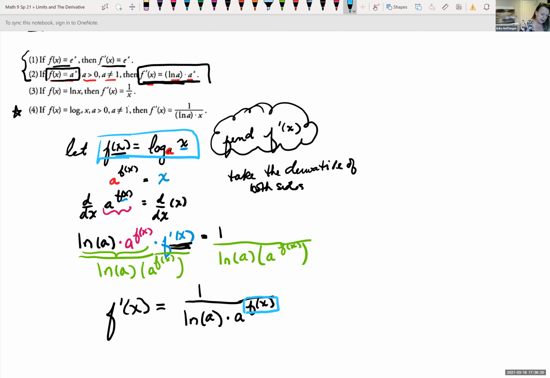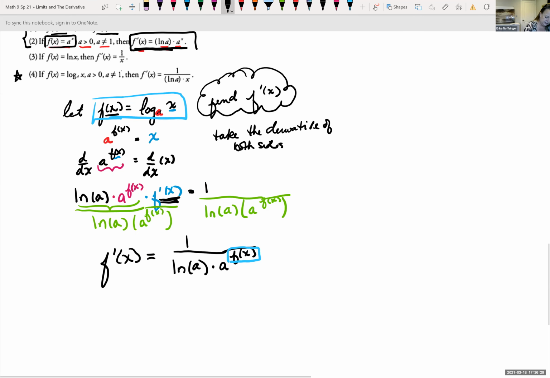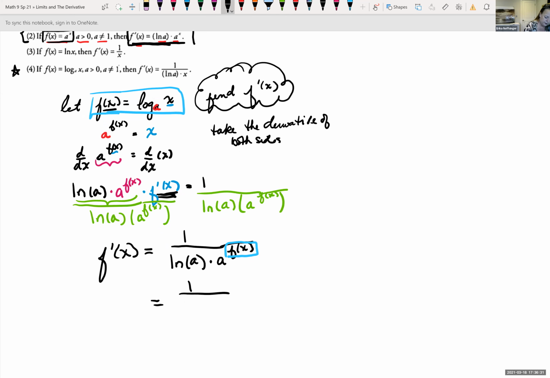So let's rewrite that. So this is equal to 1 over the natural log of a raised to the f of x, which was just log base a of x.